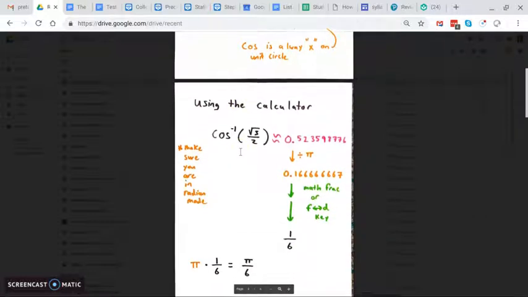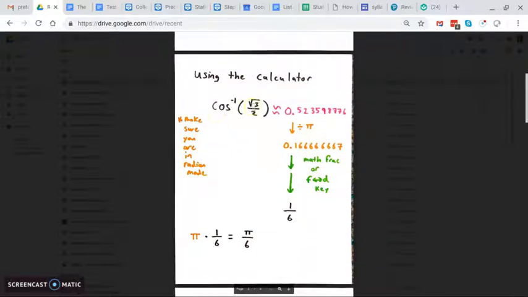Now, using the calculator, I can invert square root of 3 over 2 with the arc cosine function, and I get this decimal approximation here. Of course, it doesn't want a decimal approximation; it wants exact solutions. But I know that the exact solutions will be some ratio of pi.